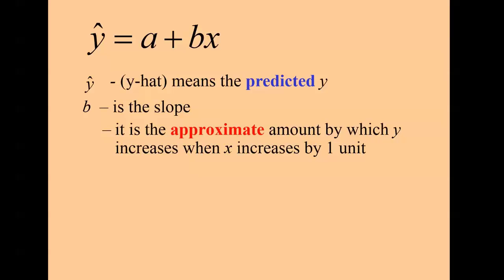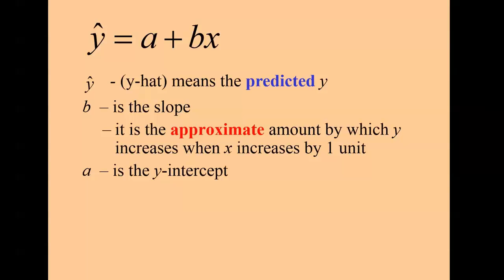We have a set phrase we want to know that you know. So when you're asked to interpret slope, the phrase is, it is the approximate amount by which y increases when x increases by 1 unit. Now, we're going to add some better words than y and x and units, but that's what slope means: when x gets bigger by 1, what is y doing?